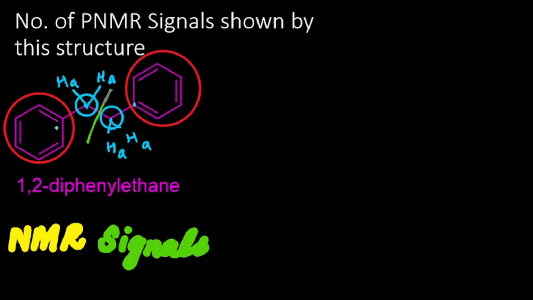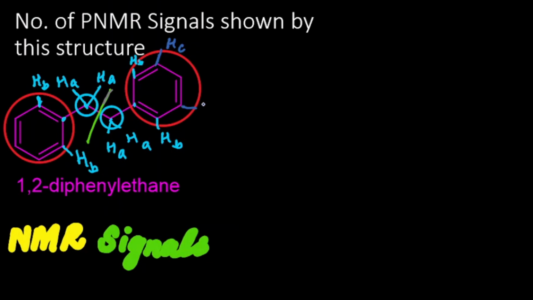Here no hydrogen is present, here no hydrogen is present. Now this is the Hb type, and similarly this is Hb type. As this symmetry is present in this structure, this will be the Hb type and this will be the Hb type, because these two hydrogens and these two hydrogens are of the same chemical environment and will give us the same signal.